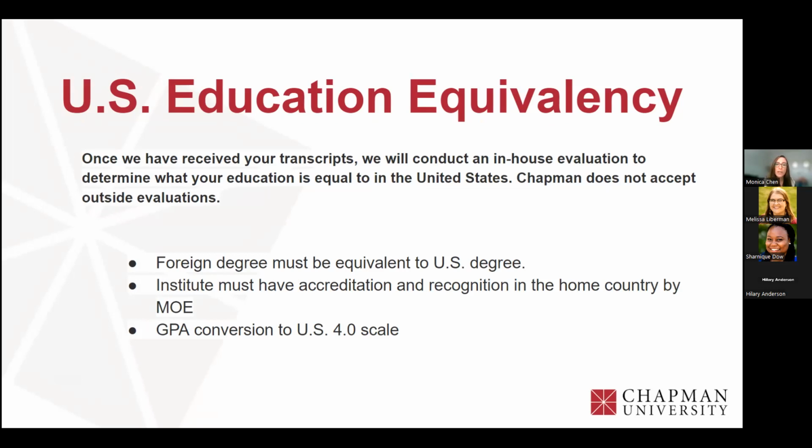In order to join a master's degree program, you must have an equivalent of a US bachelor's degree. And if you have any questions as to whether or not your degree does equate to a US bachelor's degree for our evaluation, go ahead and ask us, or always, submit your application and we will notify you through that process as well. So we are looking for degree equivalency.